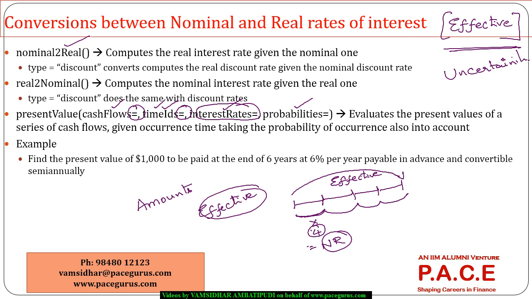Let's say I will get those cash flows only if the project is successful. If it is failure, I will get some other amount. Or I will get those payments only when the person is alive. When the person is dead, those cash flows are not going to come up. So there could be some kind of cash flows which are based on a contingency.